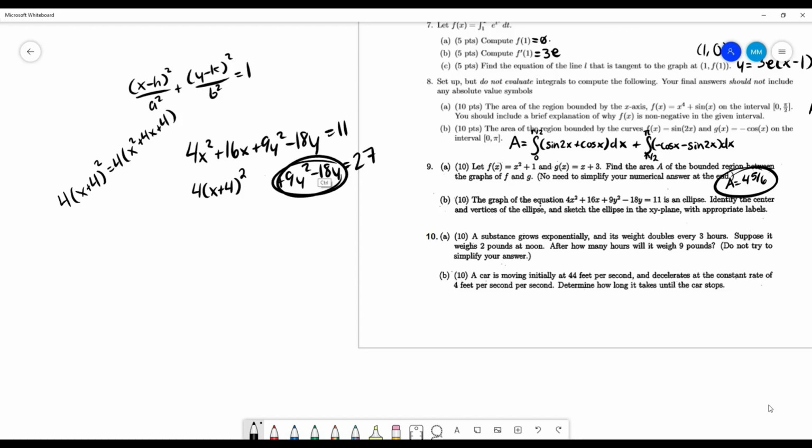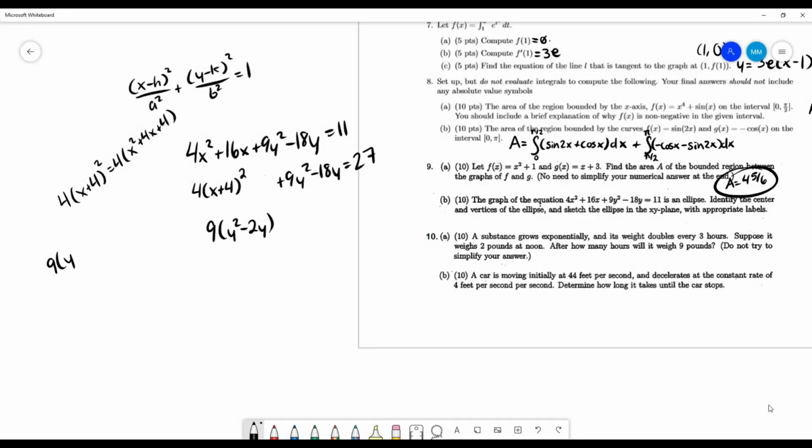And now I'm going to do the same factoring with my y. So I'm going to factor out the 9. So it's y squared minus 2y, which is not my favorite. So I would then complete that square. That's going to be 9 times y. Oh, dumb mistake.